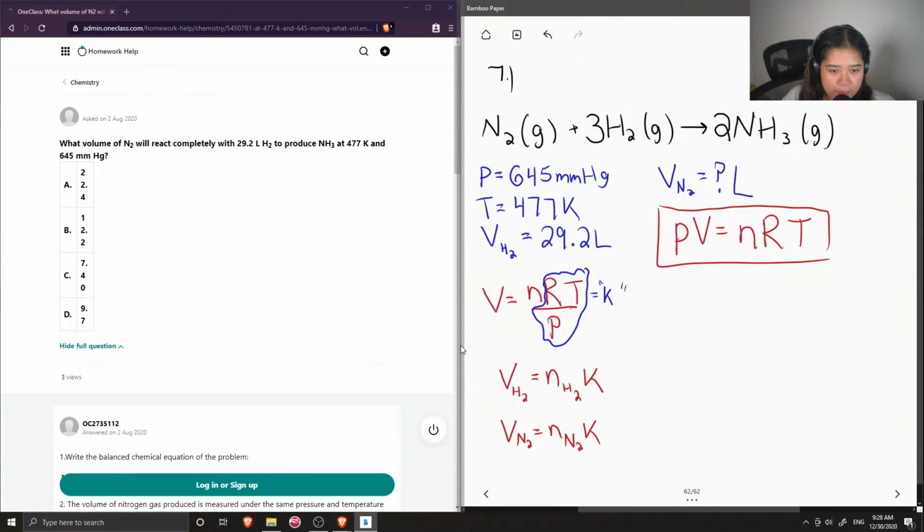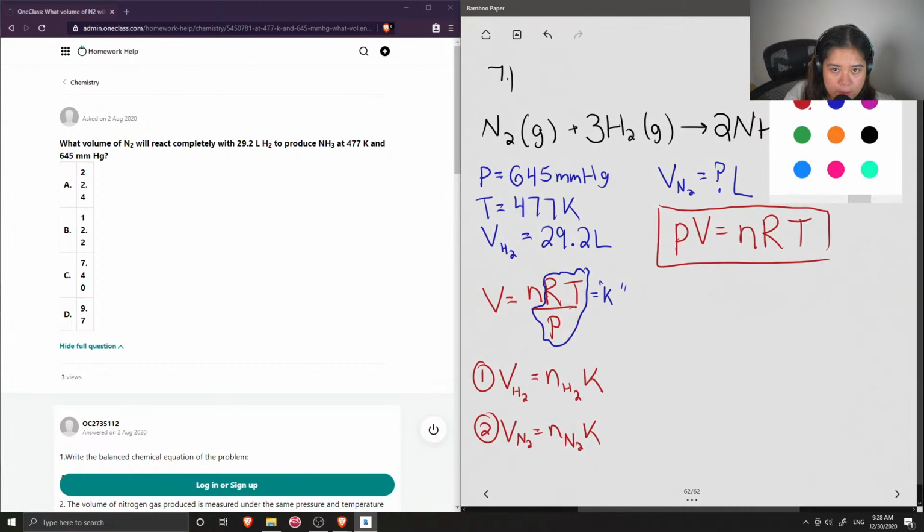Okay, so if we make K equal to each other, this is reaction 1, and this is 2. So now we have two equations and one unknown. Let's simplify, isolate K, and then make the two equations equal to each other.